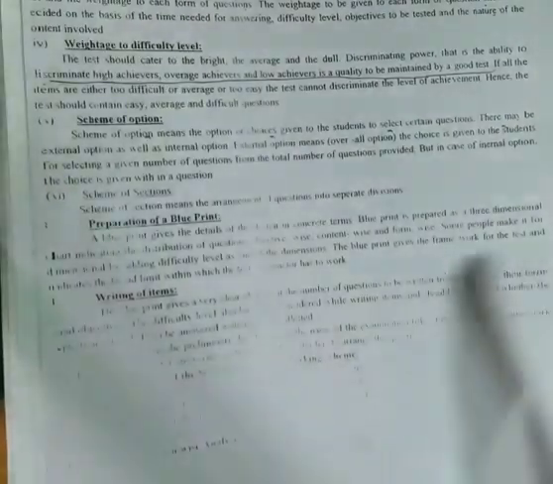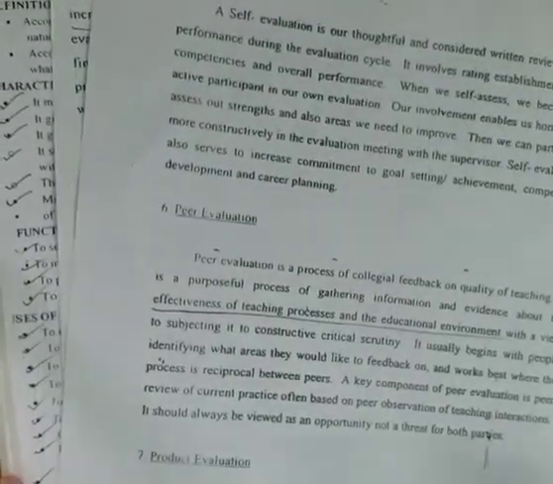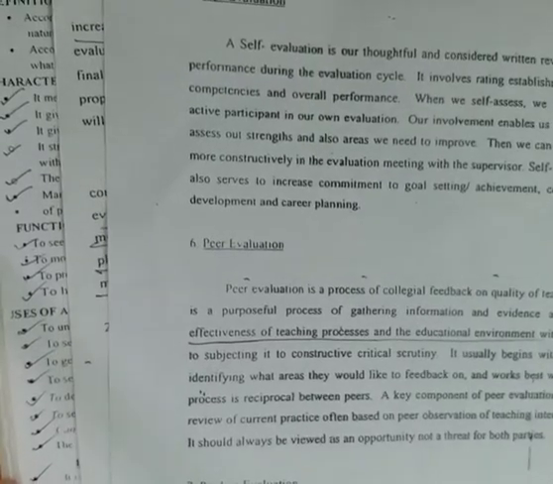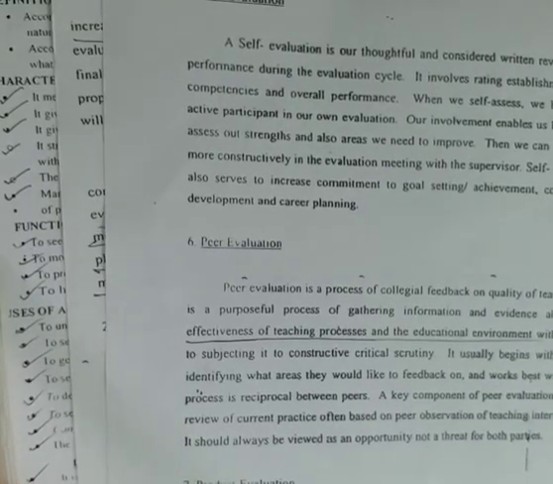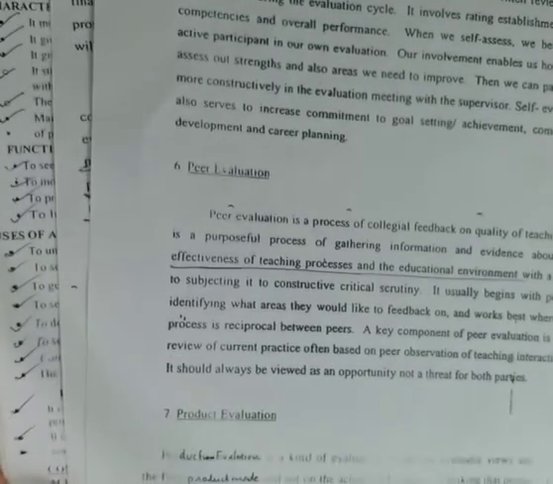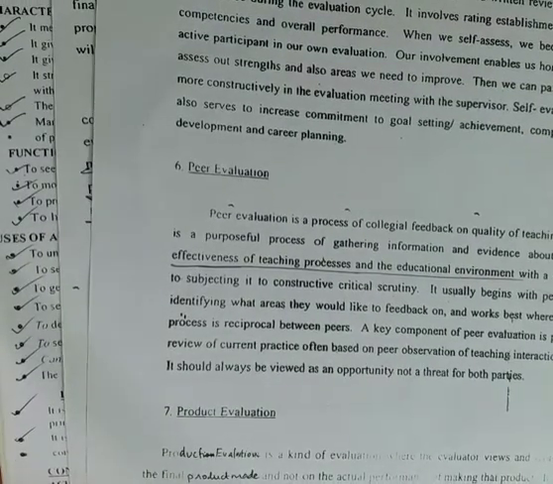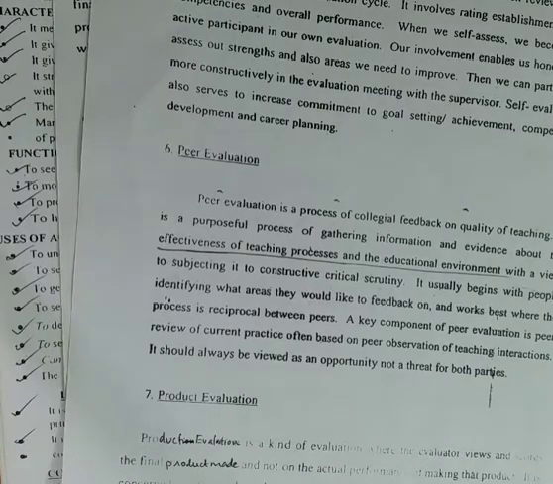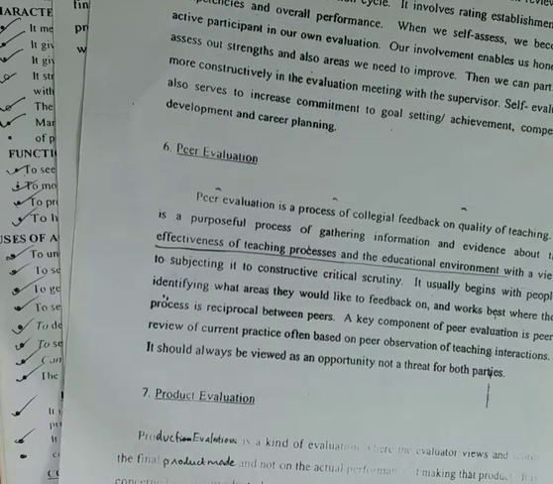And there is this self-evaluation. It, of course, involves the analysis of goals, competencies, overall performance of the student. So there will be a self-analysis. Then there is peer evaluation. Students can help each other in finding the strengths and weaknesses of peers.